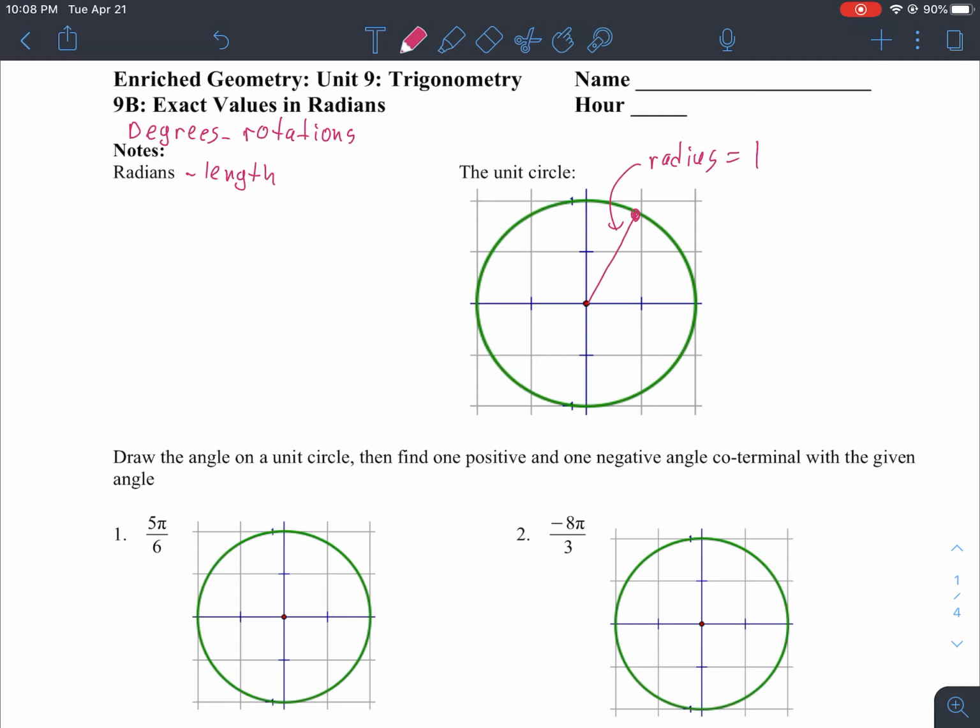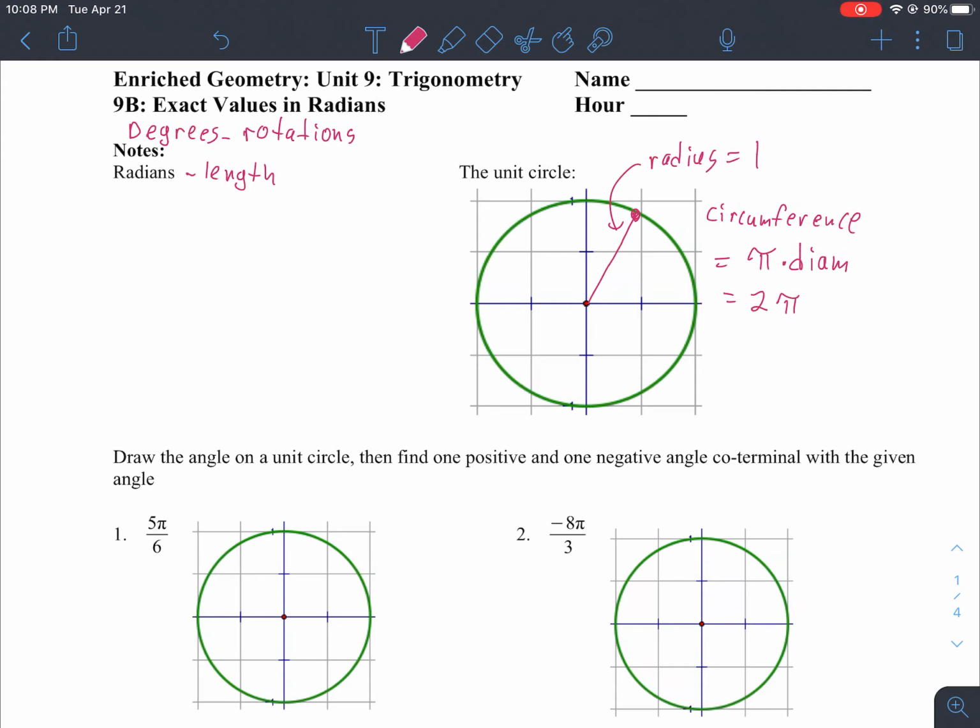If the radius is 1, the length around the circle is called the circumference. That's the length around the circle. Circumference equals pi times the diameter. Well, if the radius is 1, the diameter is 2, leaving that 2 pi.